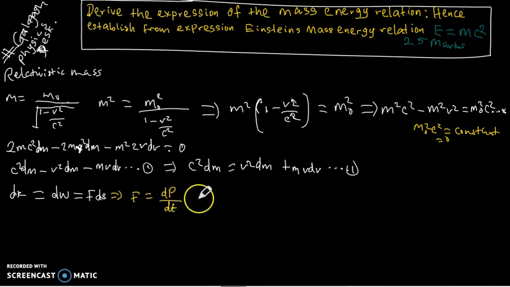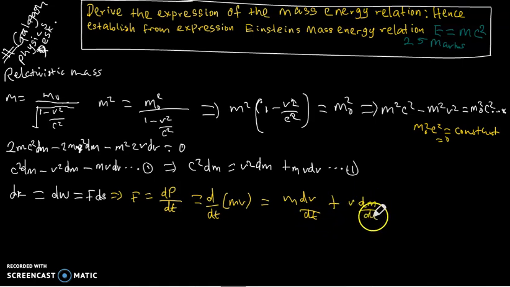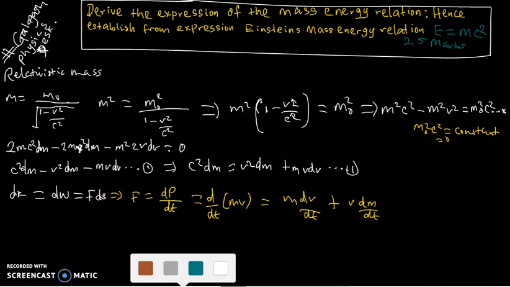And this will be equal to d by dt of mv, which will give us m dv/dt plus v dm/dt. So therefore, what is our dk now?